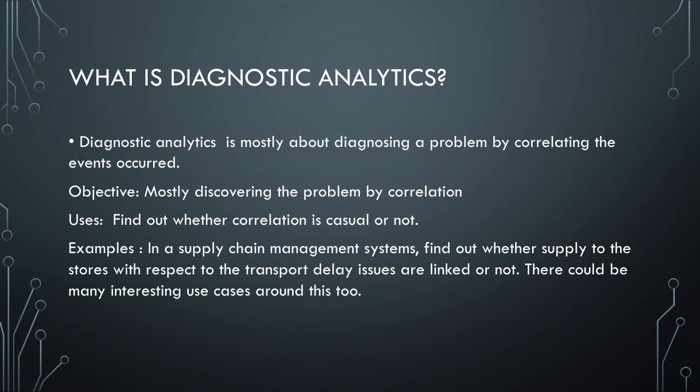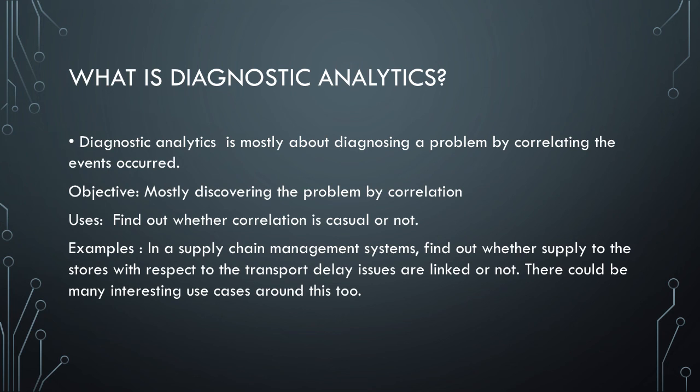So the supply time difference between one store and the other, with respect to transport delay that has occurred, is it related or not, right? You're trying to find whether that is a coincidence or not.